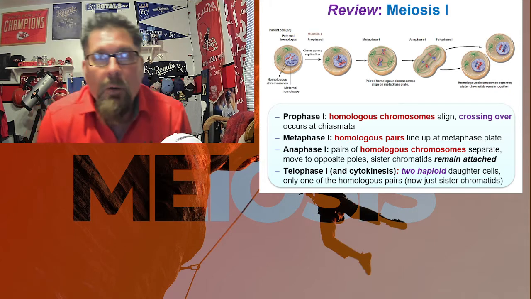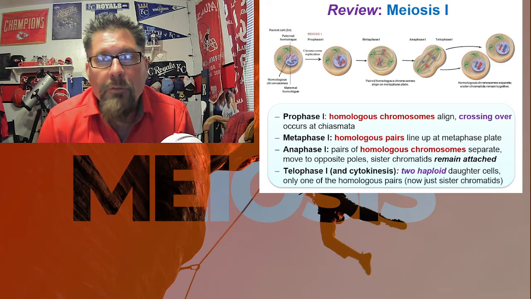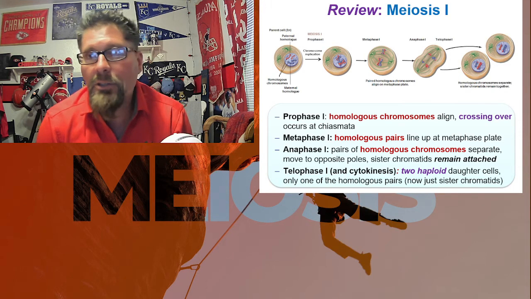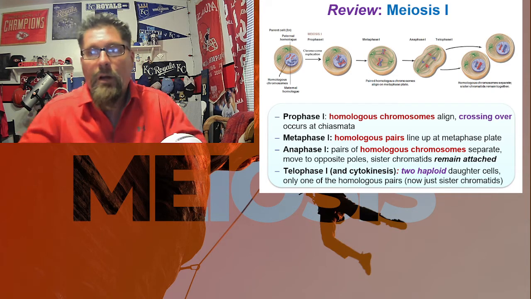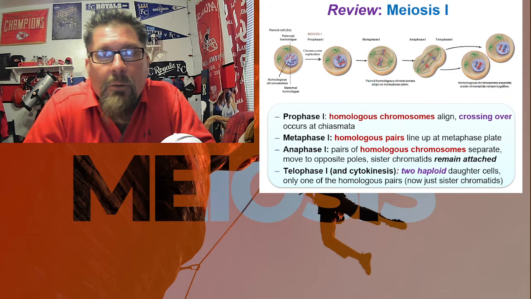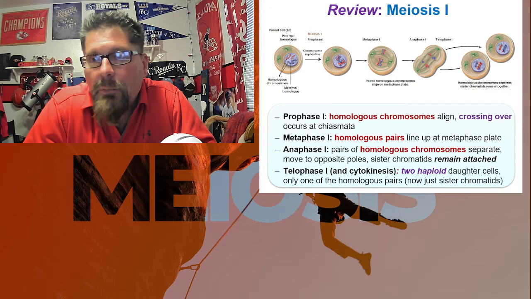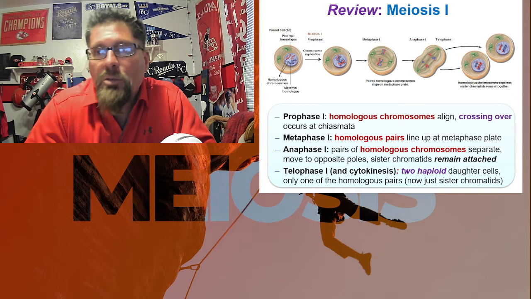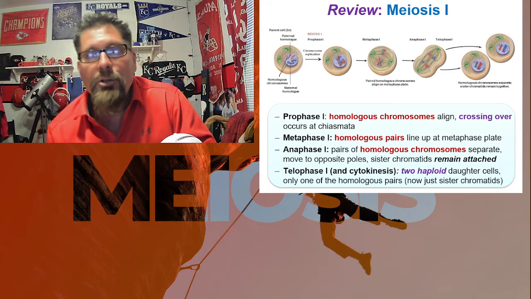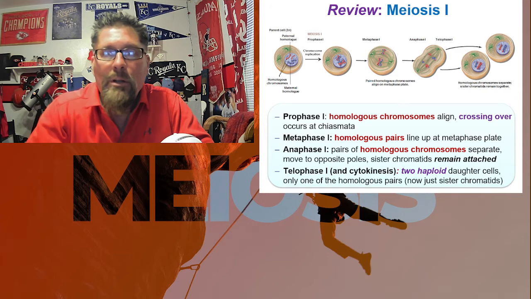Remember, in prophase of meiosis 1, that's where the crossing over process occurs. Then when you get to metaphase, we engage independent assortment, and of course we go down to two haploid cells.